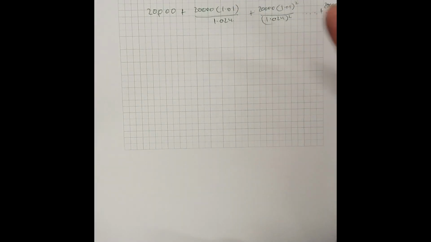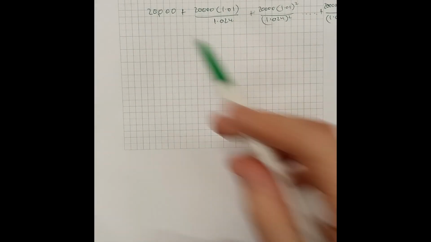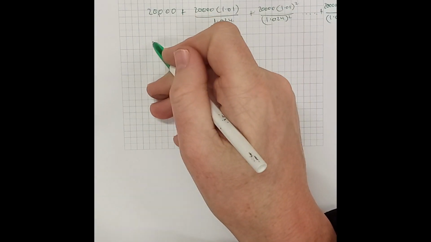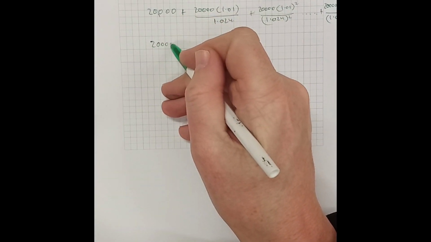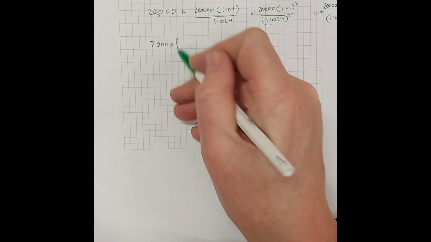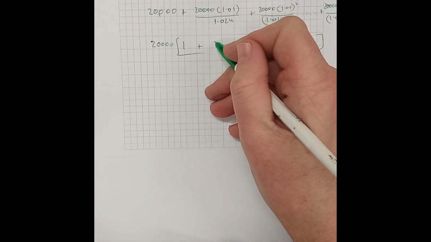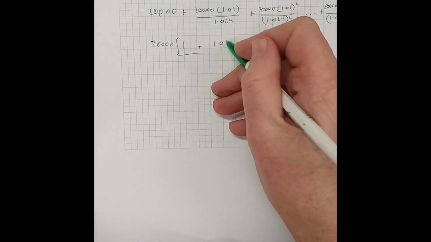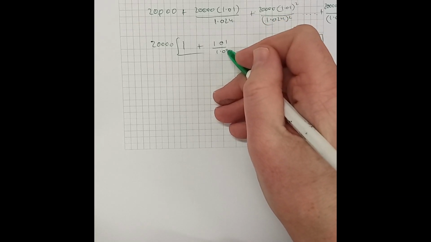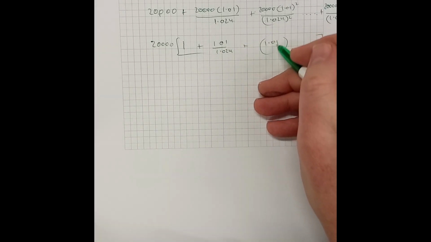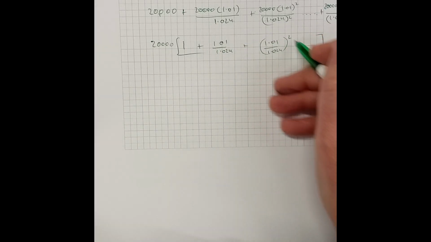Okay, so you've got your 20 grand. So there's a 20 grand in every one of them, so you can factorize out the 20 grand. Okay, and what are you left with? Well, you're left with 1 plus 1.01 over 1.024 plus the same thing again, 1.01 over 1.024 squared the whole way up.